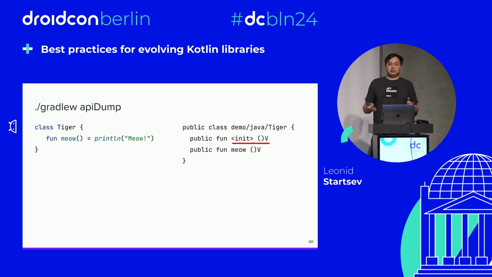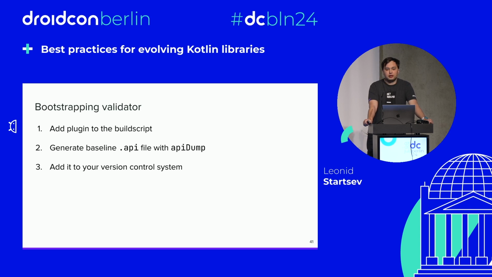And if we, at some point, write that Tiger has a constructor with another number of arguments, it will also be an incompatible change. And so by running this task, we have just bootstrapped the validator. It is as simple as adding the plugin to the build script, then generating the baseline .api file with the apiDump task, and then you have to commit this file to your version control system.